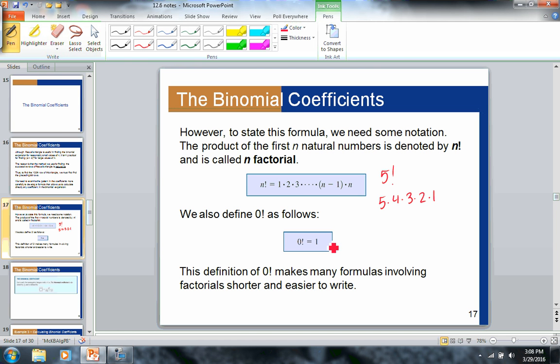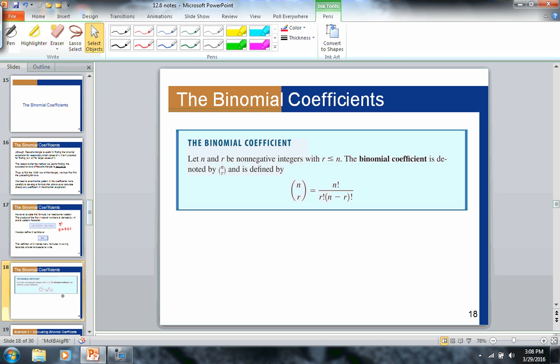So how we use the factorials then to come up with a binomial coefficient is with this rule right here. And this is our shorthand notation. We're going to have an n value and an r value. And n and r are going to be the non-negative integers. R has to be less than or equal to n, so they can be the same.